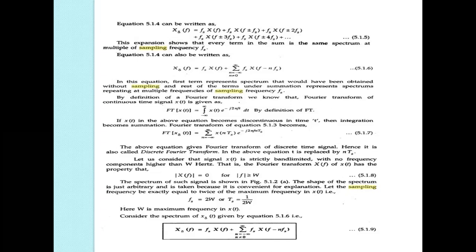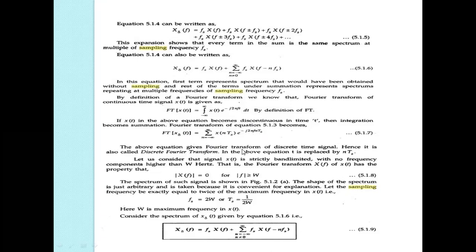By the definition of the Fourier transformation, we know that X of omega is equal to the integral from minus infinity to infinity of x of t e to the power minus j omega t. And the Fourier transformation of x delta of t is equal to the sum of n from minus infinity to infinity of x of n ts e to the power minus j omega n ts, where t is represented as n times ts.